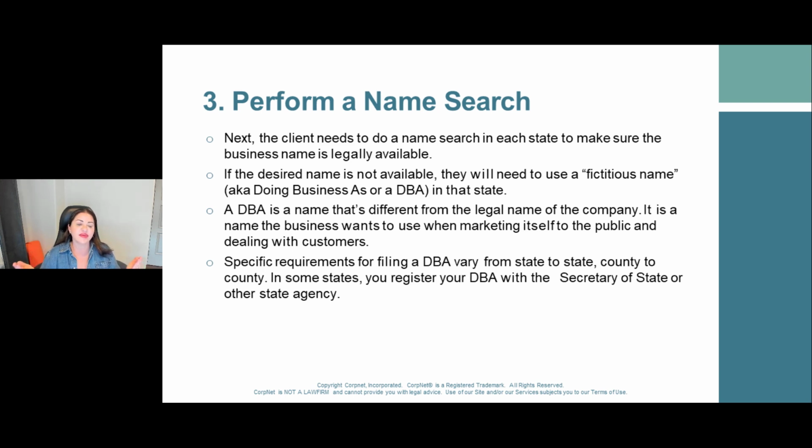It is a name the business wants to use when marketing itself to the public and dealing with customers, and they really don't want to stick with the legal name of the company. So corporations and LLCs who want to conduct their business under a variety of different business names, but still keep it under the umbrella of that corporation or LLC, often have that corporation or LLC file what is called a fictitious business name, also referred to as a doing business as filing.